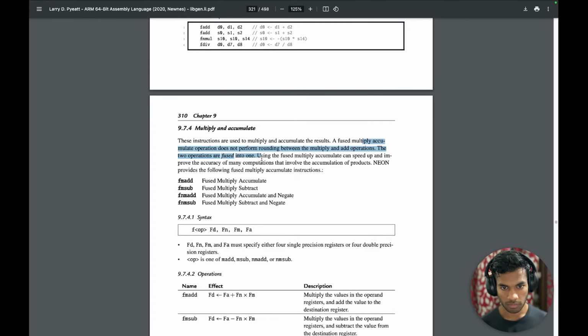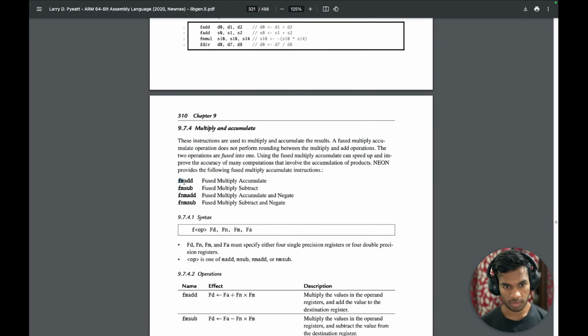Using the fused multiply accumulate can speed up and improve the accuracy of many computations that involve the accumulation of products. Neon provides the following fused multiply accumulate instructions.